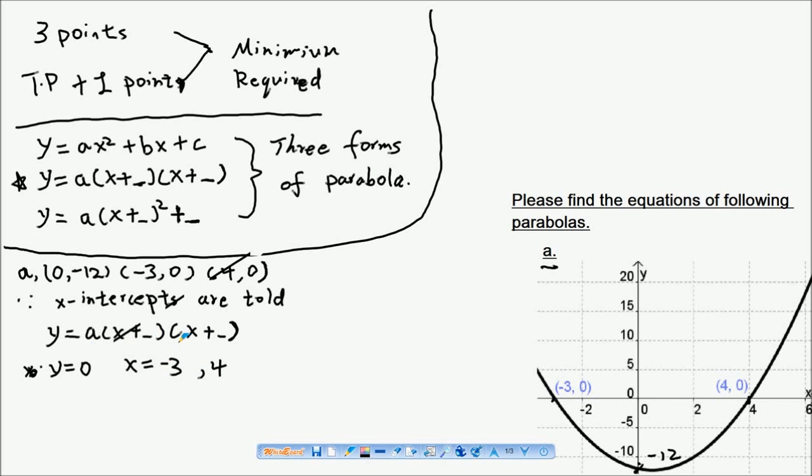We have to substitute it into this equation. So your y will be a times bracket x plus 3, and bracket x minus 4.